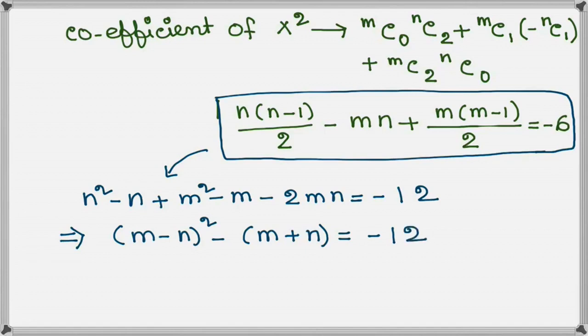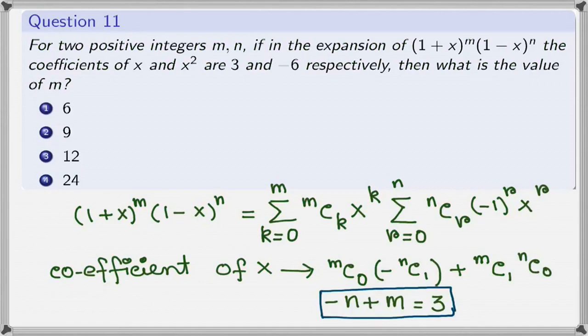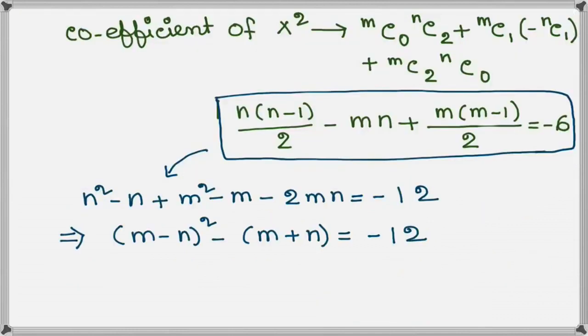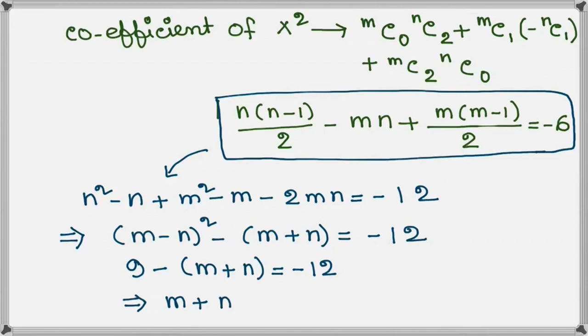Now from the previous equation we know that m minus n is equal to 3. So we can substitute this value there. We get 9 minus (m plus n) is equal to minus 12. That means m plus n is equal to 21.